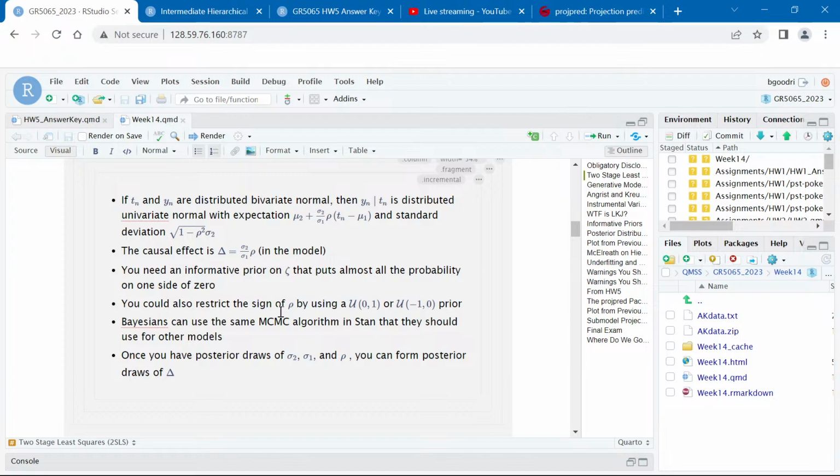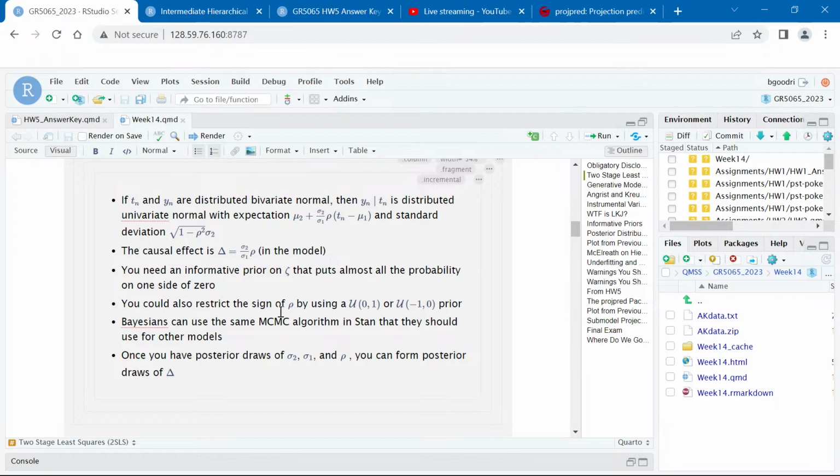So the whole thing is basically arguing about your beliefs. In which case, if you're going to do that, put your beliefs into the model via the prior.